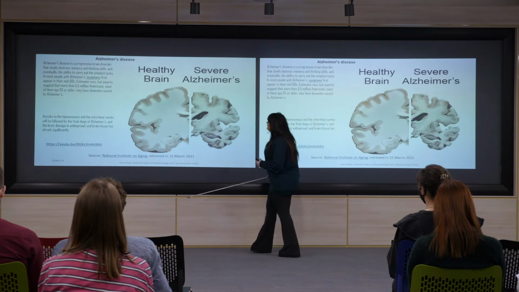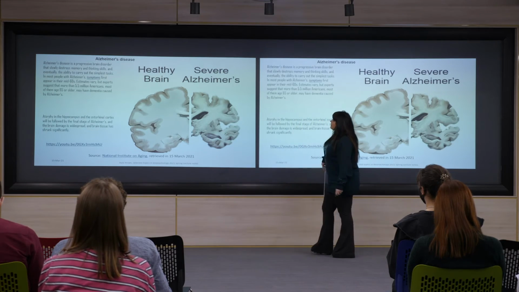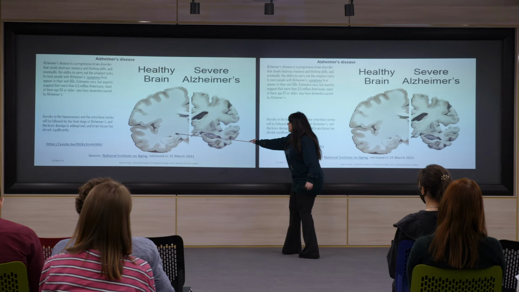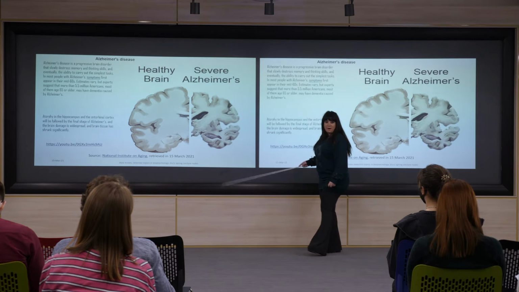Here you can see, for example, the comparison of the healthy brain and the brain of an Alzheimer's case, in which actually it's a very severe atrophy, very severe degeneration of not only the hippocampal part, but also the other parts.